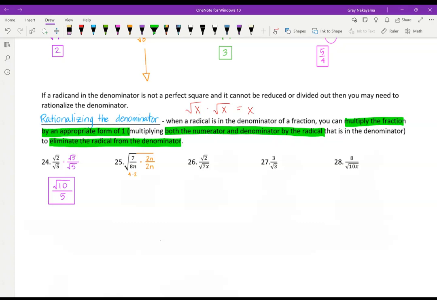When I do, I have on top the square root of 14n, because 7 times 2 is 14, and I have an n. On the bottom, I have a 2 and another 2, and 2 times 2 is 4, and n times n, there are 2 n's, so I get to pull one out.